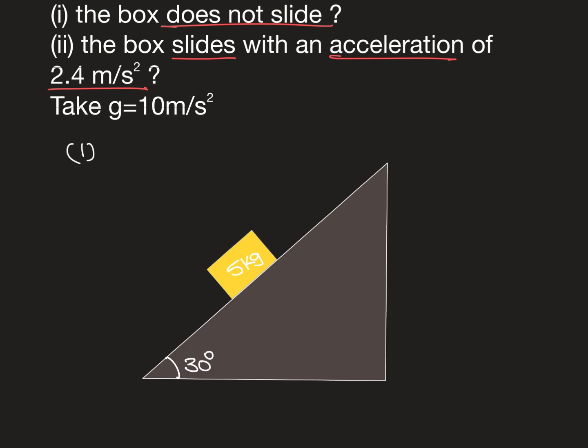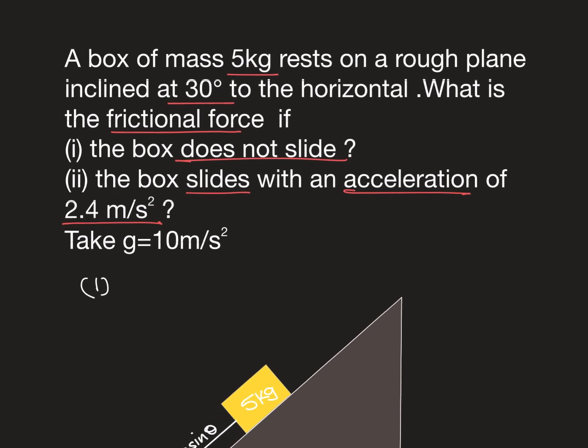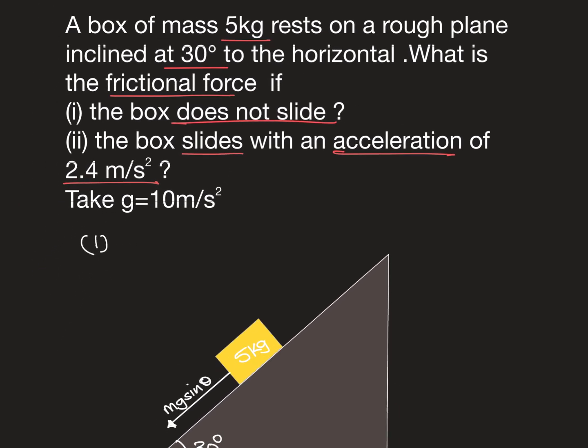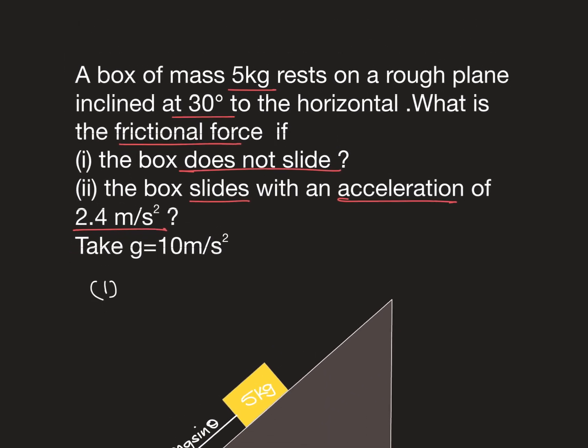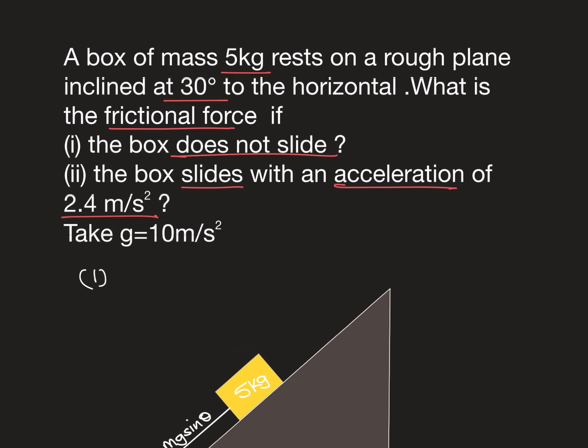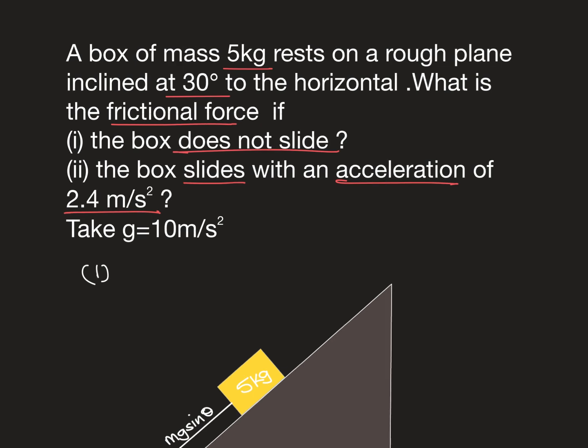If we indicate the forces that we have, one of the forces is acting downwards, which is mg sine theta. The information that we have is that it wants us to find the frictional force if the box does not slide and if the box slides with an acceleration, which is the second question.